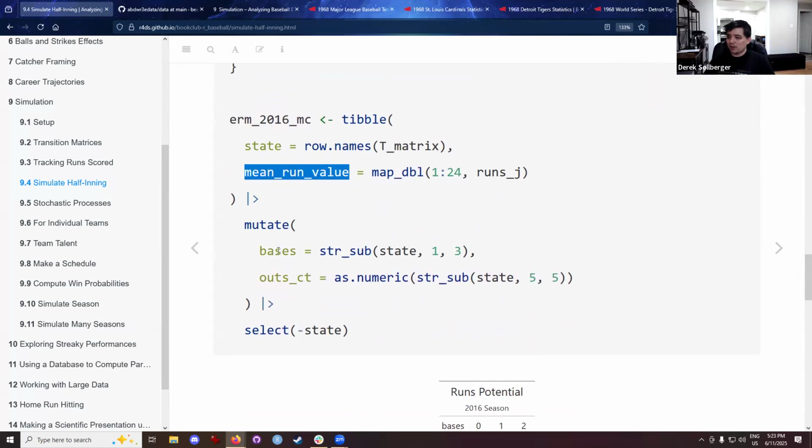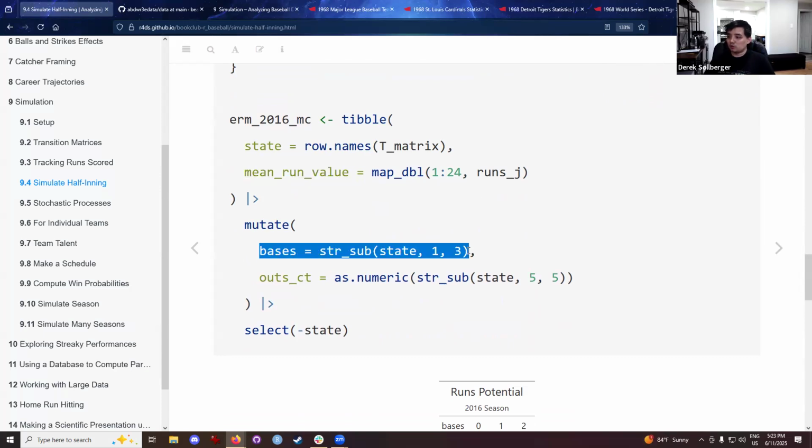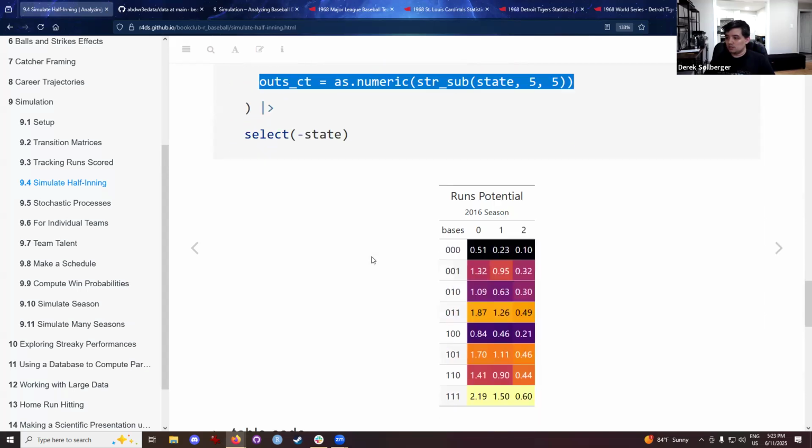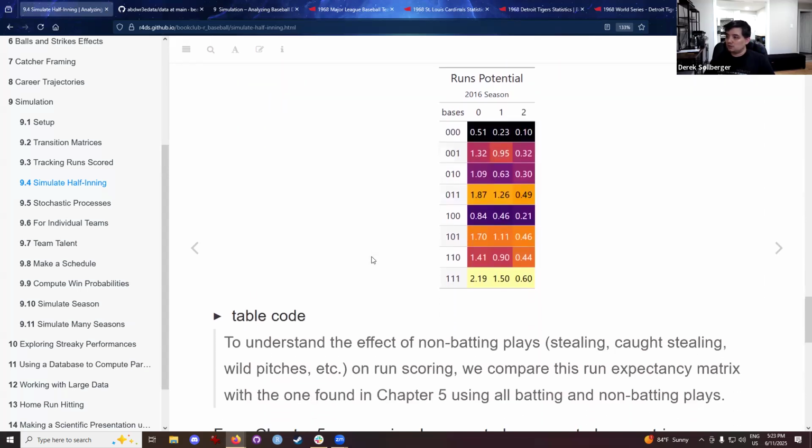And as you can imagine, compared to our previous representation, we might have also wanted to separate the base runner notation and the number of outs. So a couple of substrings there. So now we could have a runs potential matrix formed here.